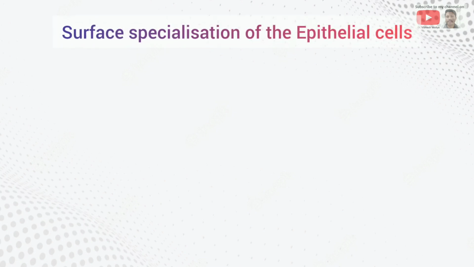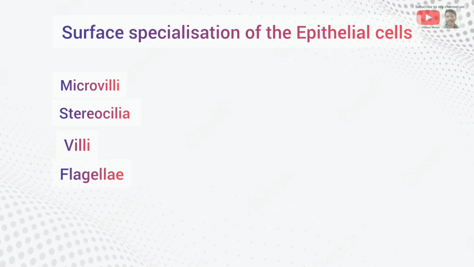Now we'll discuss the surface specialization of epithelial cells. The epithelial cells show some specialized structures on their surface for specific functions. On the apical surface, these structures include microvilli, stereocilia, cilia and flagella.